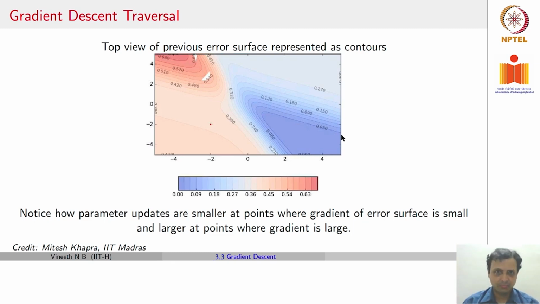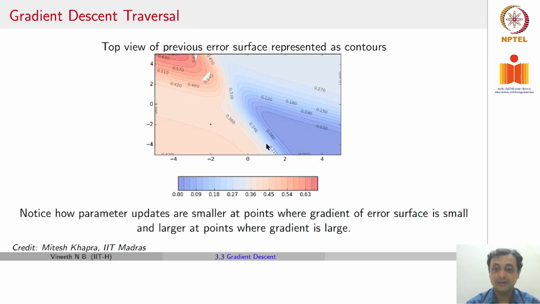Now let's see the same example that we saw on the earlier slide as a contour plot. If you see the contour plot now, you would notice that parameter updates, which are given here, you can see the parameter update values, are smaller at points where gradient of error surface is small.